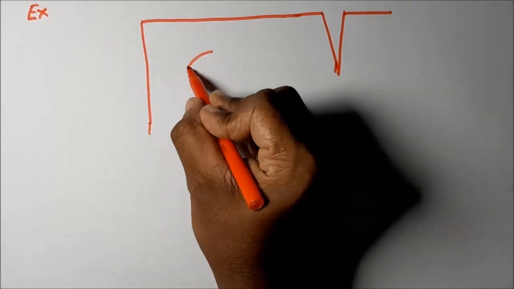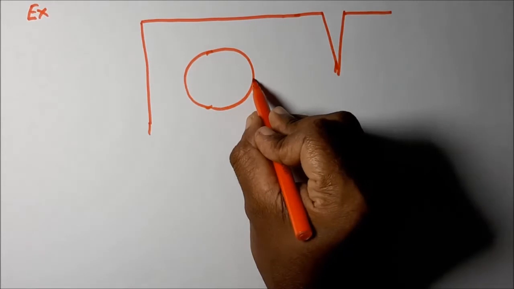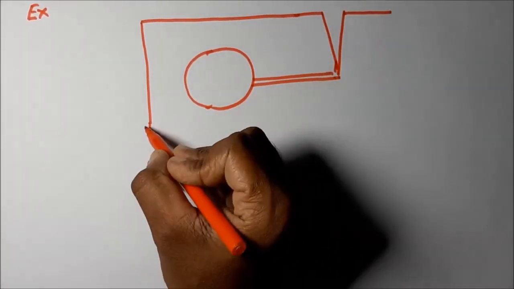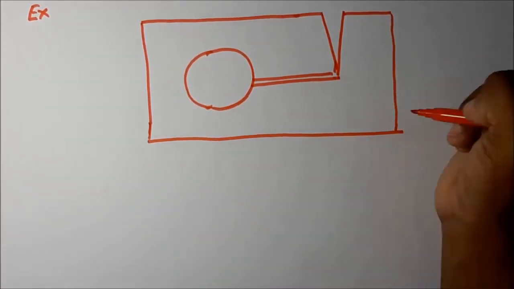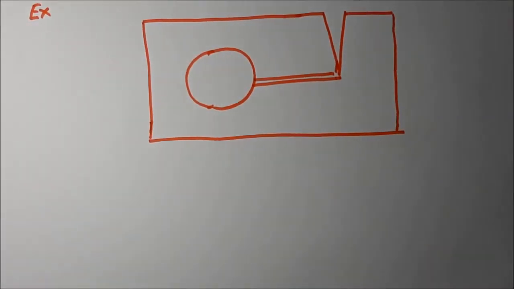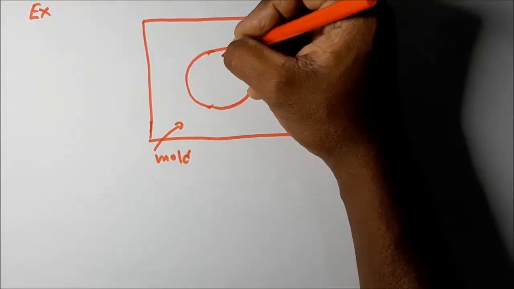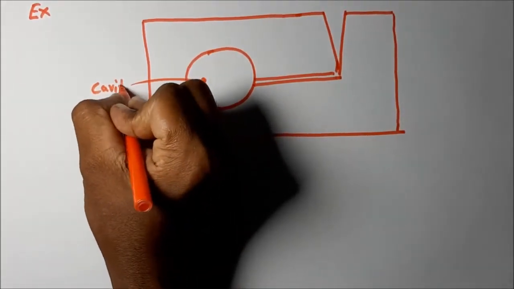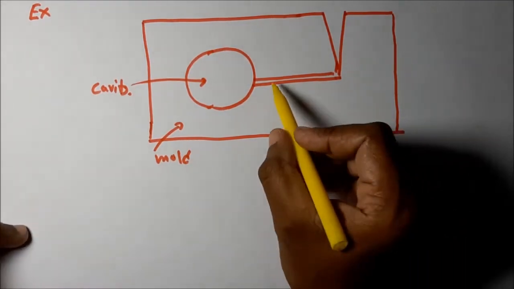Then let's take the cavity area. I will draw it in a simple way. This is the cavity. Then this is the main runner.